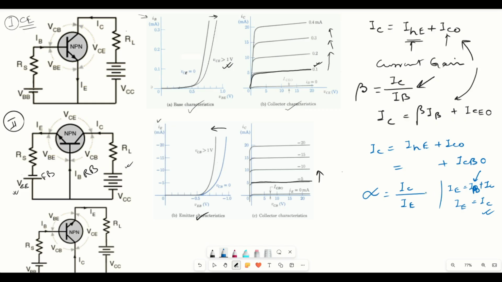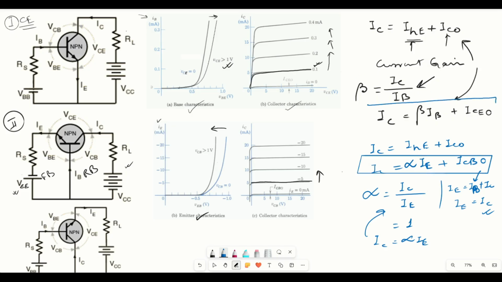If that is the case, the maximum value that alpha will attain is 1, right? So from this equation, IC equals alpha times IE. Now we can put it here: alpha times IE plus ICBO. So this is the current equation of common base.